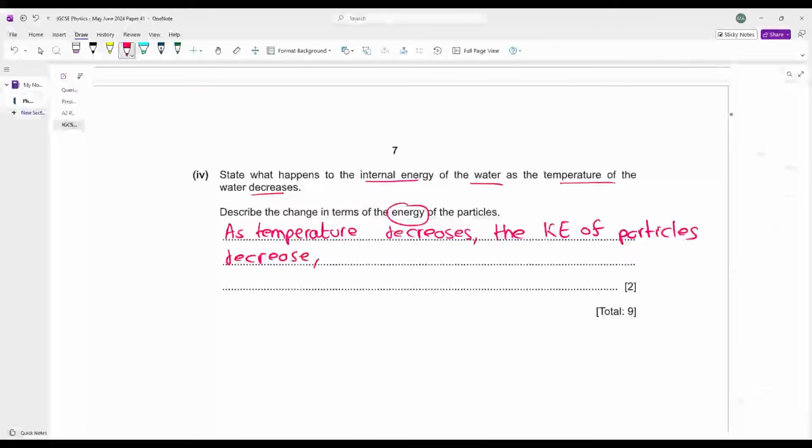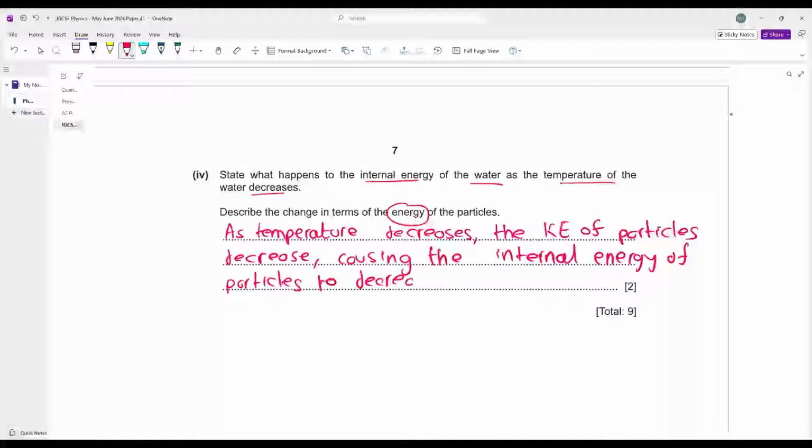What will happen further? Causing the internal energy of particles to decrease.